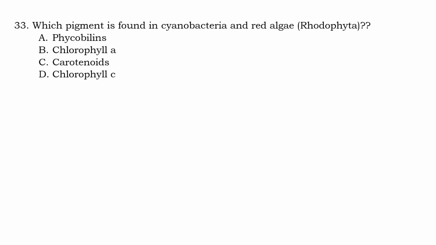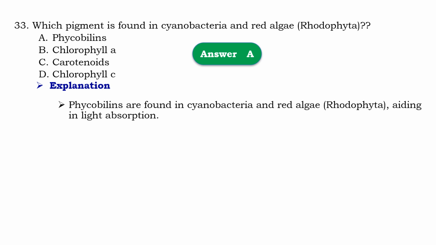Question number 33. Which pigment is found in cyanobacteria and red algae? የትኛው ፒግመንት cyanobacteria እና red algae ውስጥ ይገኛል ይላል? So that should be A, phycobilins. Means that phycobilins are found in cyanobacteria and red algae and aiding in light absorption.